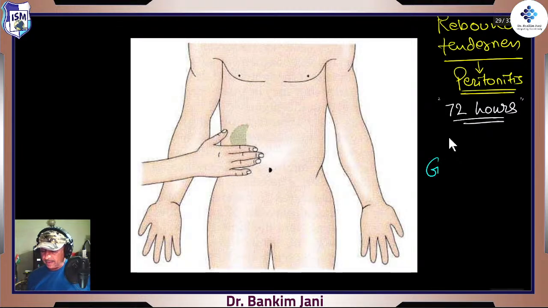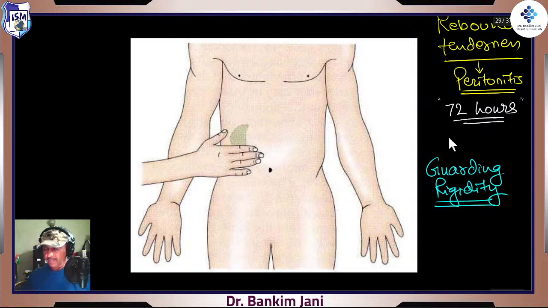Guarding rigidity was also asked, right? Guarding rigidity means, when the infection is high, even when you press it, the patient would try that you should not even press it. So he'll tighten his muscles. The abs will be so tight that you won't be able to actually palpate the things.